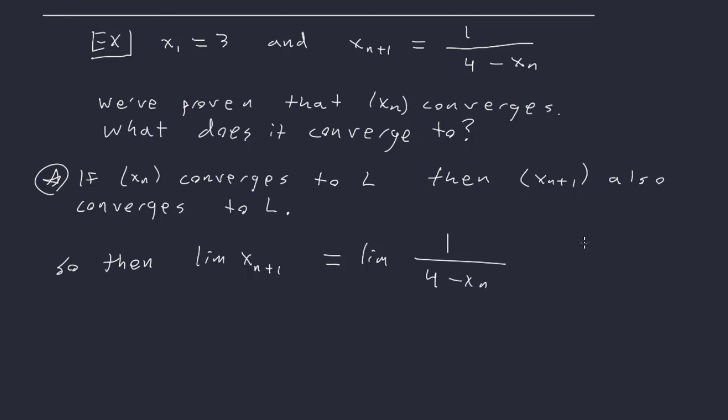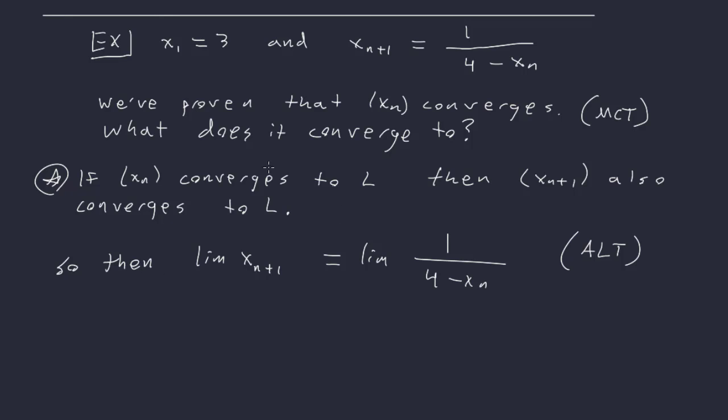And this is a result of the algebraic limit theorem and the ordering theorem, all these other things, and the fact that limits are unique. All right, and we know that the limits exist because, well, we've proven that xn converges thanks to the monotone convergence theorem.